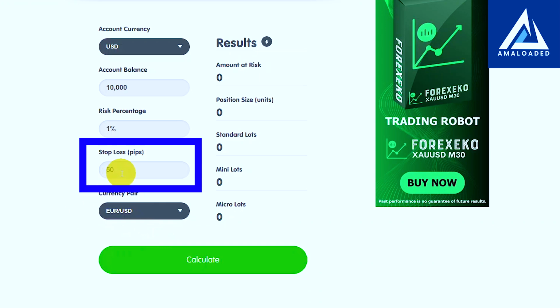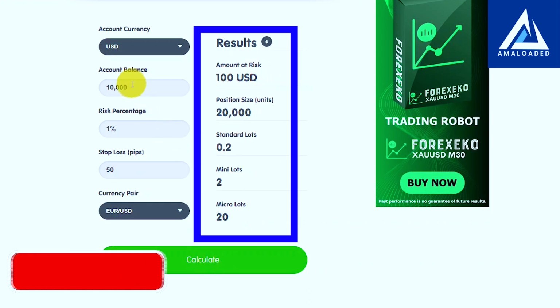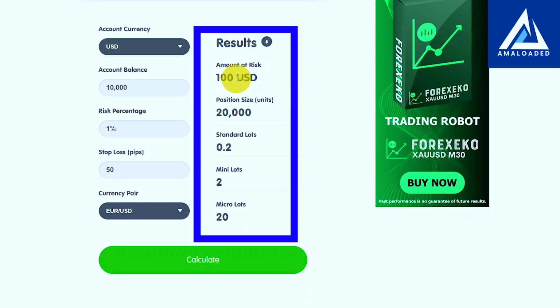When you type 50 pips here, you click on calculate. When you click on calculate, it will bring the result of the data you inserted here. That shows that on your $10,000 trading account, you are risking what? $100 per trade, because 1% of $10,000 is $100.